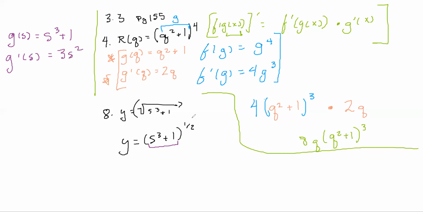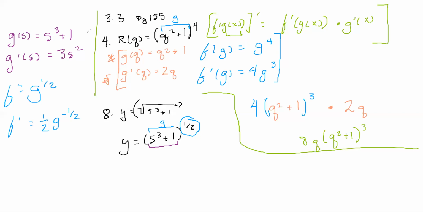Then I want to look at my outside function, which is this, and this is g. So f is going to be equal to g to the half, and f prime is going to be equal to 1/2 g to the negative 1/2. So I'm going to subtract 1 when I take that derivative using the power rule.